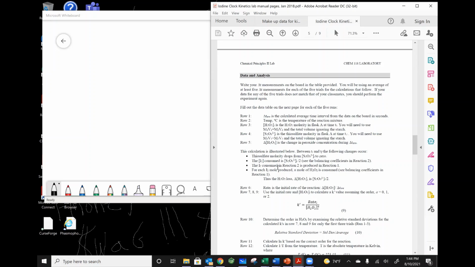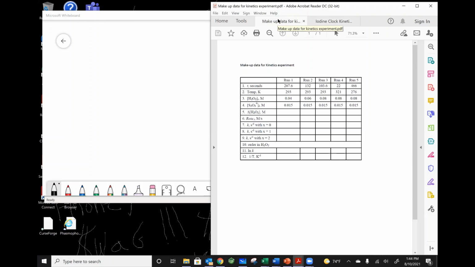Based on the balanced chemical equation of both of our equations, the concentration of I2 is equal to the concentration of thiosulfate divided by 2, and the concentration of I2 is equal to the concentration of H2O2, the hydrogen peroxide. So that means the H2O2 concentration is equal to the concentration of the thiosulfate divided by 2.